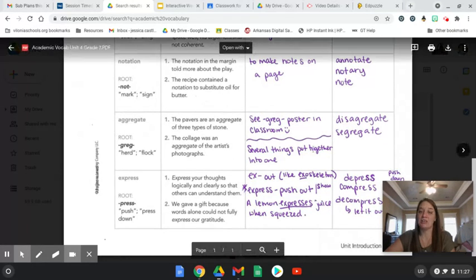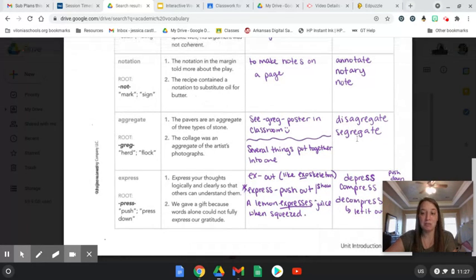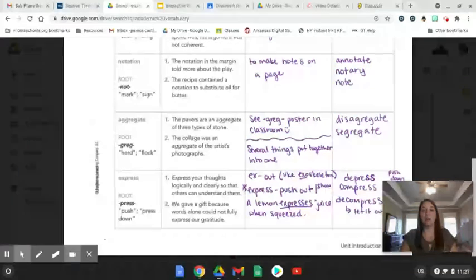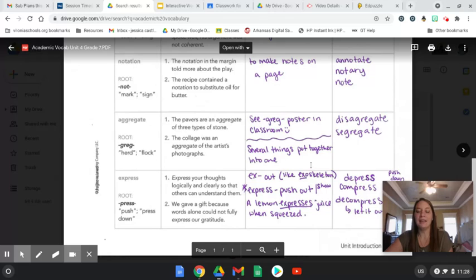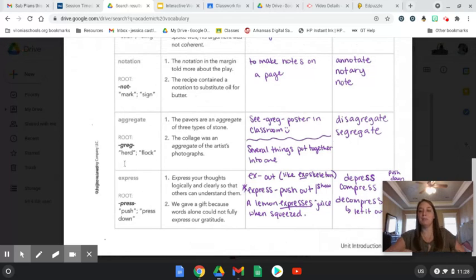Segregate. So you guys are probably familiar with segregation, where people were separated by their race back less than 100 years ago. And so I would think that's putting people together separately.